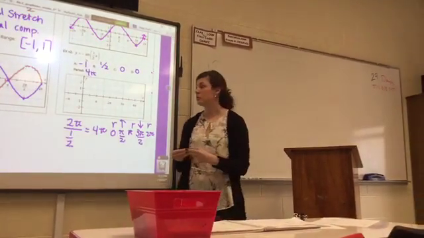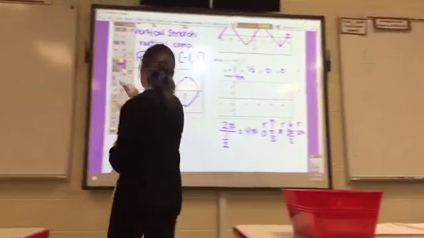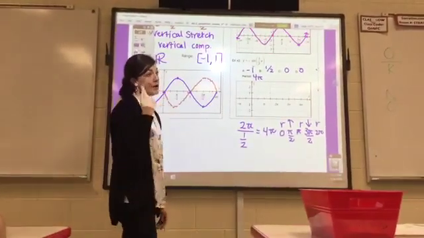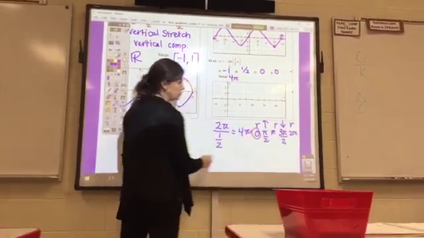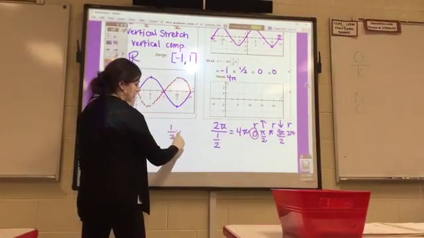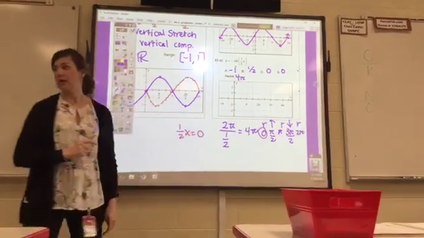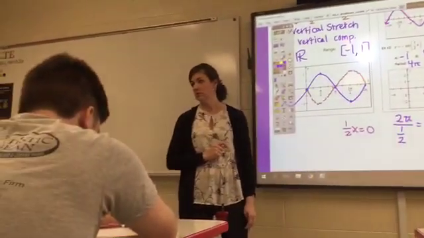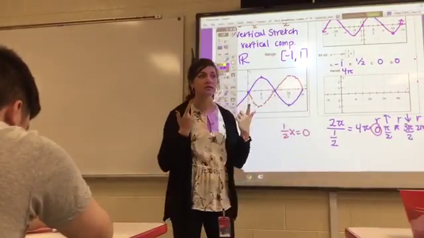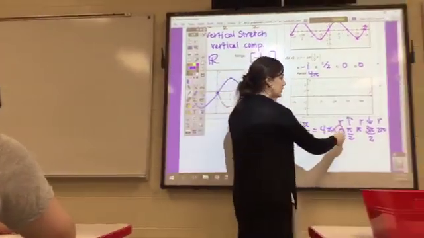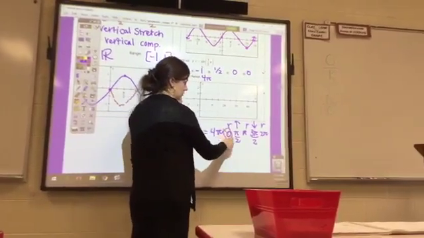Okay? Here's what you're solving. I'll do the first one for you so that you can really see why it is multiplied by 2. If I were to figure out where my new root is, I'm really solving this equation. 1/2 x equals 0. So how do you get rid of the 1/2 over here? Times 2. That's why it's a times 2. Okay? So 0 times 2 is still 0.